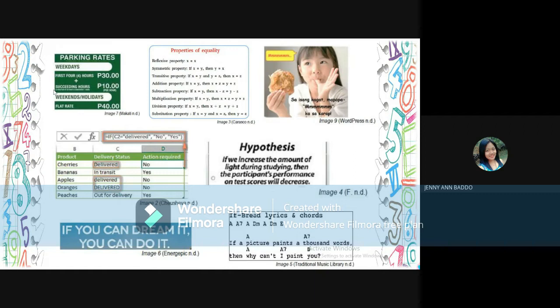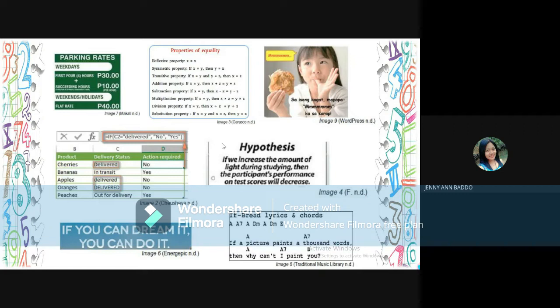The pictures here show an Excel formula, properties of equality, research hypothesis, song and code, parking rates, and product slogan, which presents different situations with conditions and their corresponding results.